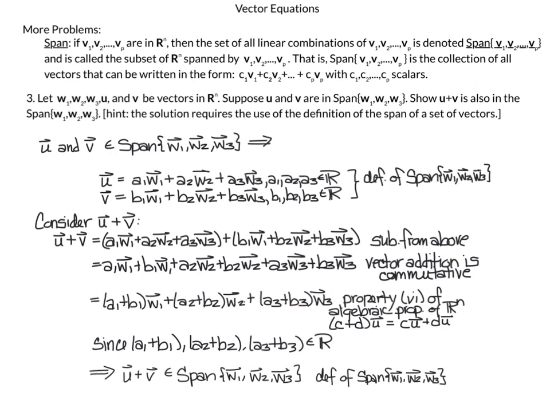And now, since A1 plus B1, A2 plus B2, and A3 plus B3 are all real numbers, these become my new weights. So what that tells me is U plus V is equal to a weight times W1, a weight times W2, a weight times W3. Therefore, U plus V is in the span of W1, W2, W3 from the definition of span.